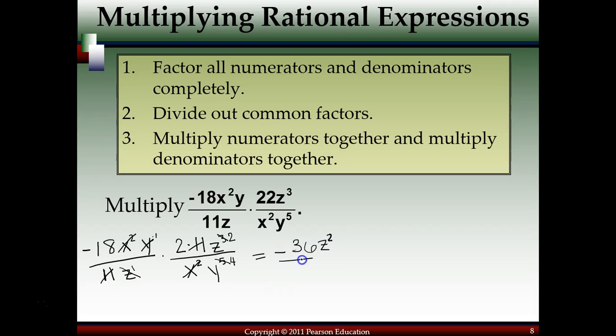Okay, and that's divided by, multiplying straight across again, this all became 1 because everything canceled out there. And then x squared is canceled. Y to the 4th is not though, so let's write y to the 4th. And that's it. We're done.